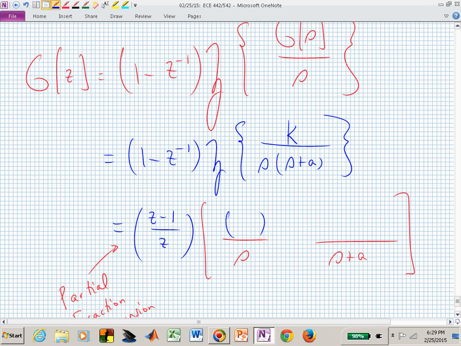We now are multiplying what's in that curly brace inside the argument of Z. We're trying to find the partial fraction coefficient associated with S, so we multiply both sides by S and let S equal to 0. And what do we end up with when we do that? We have K over S plus A. We let S go to 0. We end up with K over A. Is that right?